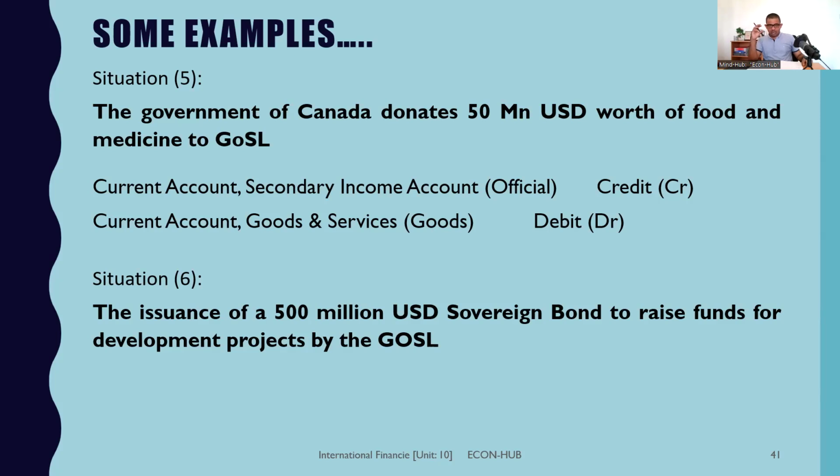This is the bond itself we are talking about. So financial account, where? Quickly. Say what you think. Come on. You guys know this. As they say, you got this. So go ahead. No, need more responses.